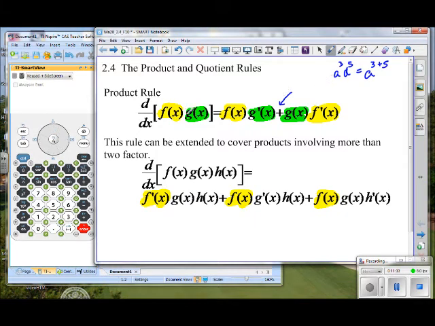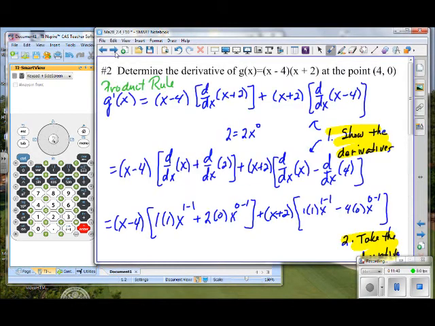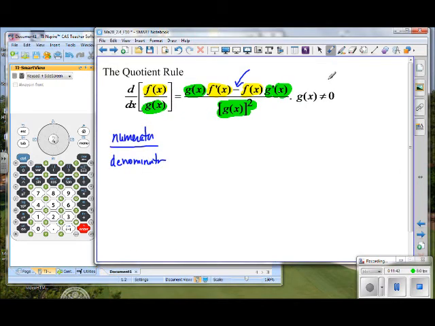The product rule is multiplying, and we add between, just like we do when we have terms of the same base. Well, let's go to our quotient rule again. When we have terms of the same base and we divide, what do we do with the exponents? We subtract. Okay? Hence, this is a quotient rule. So we have fractions or functions in a fraction format, and so we are subtracting. So that would be one way.